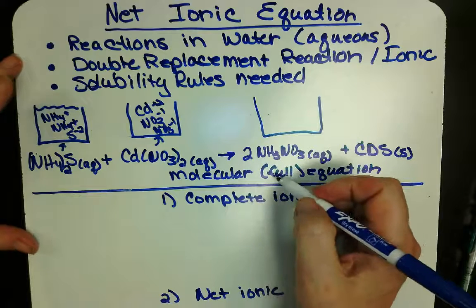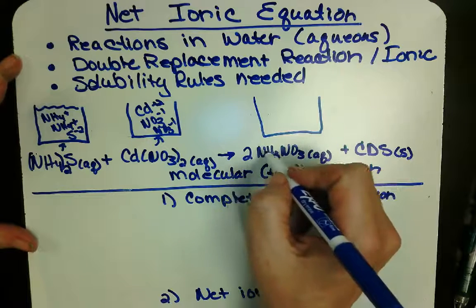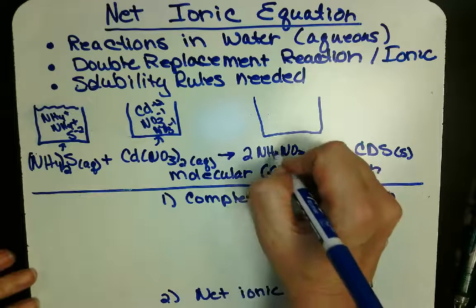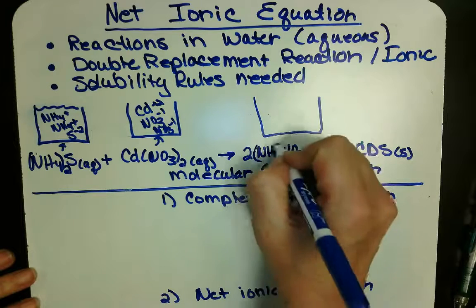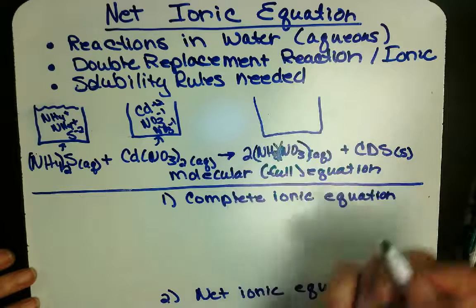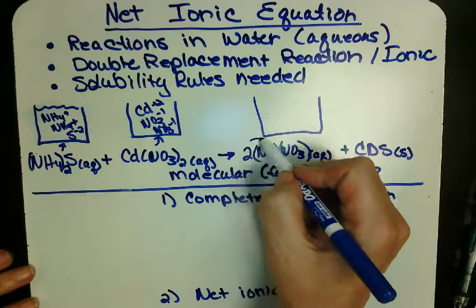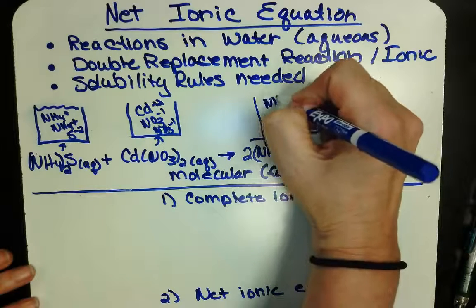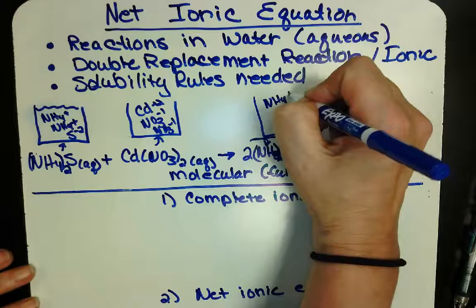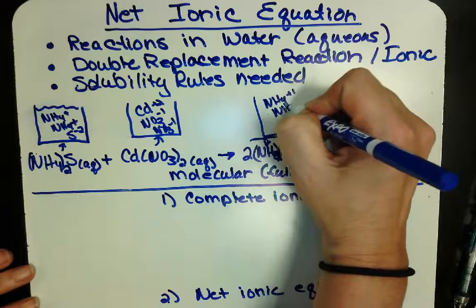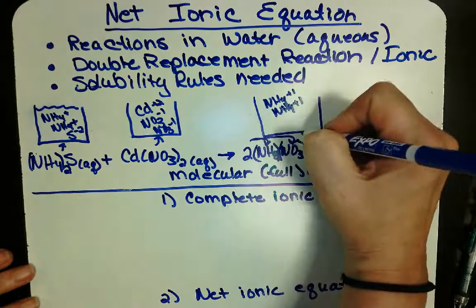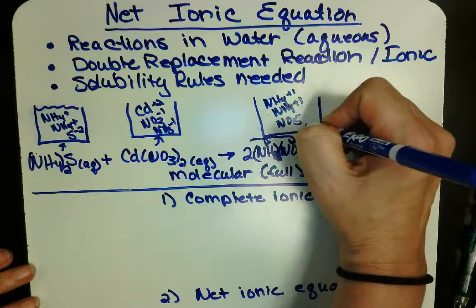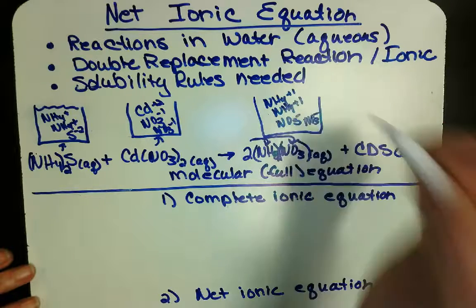Here, remember, it's easy to see if I bracket them off. Okay, so let's just make sure. Ammonium and nitrate. Now there's 2 of them, and remember, this distributes. So I have 2 ammoniums, NH4 plus 1, NH4 plus 1, and I have 2 nitrate ions, NO3 minus, NO3 minus.